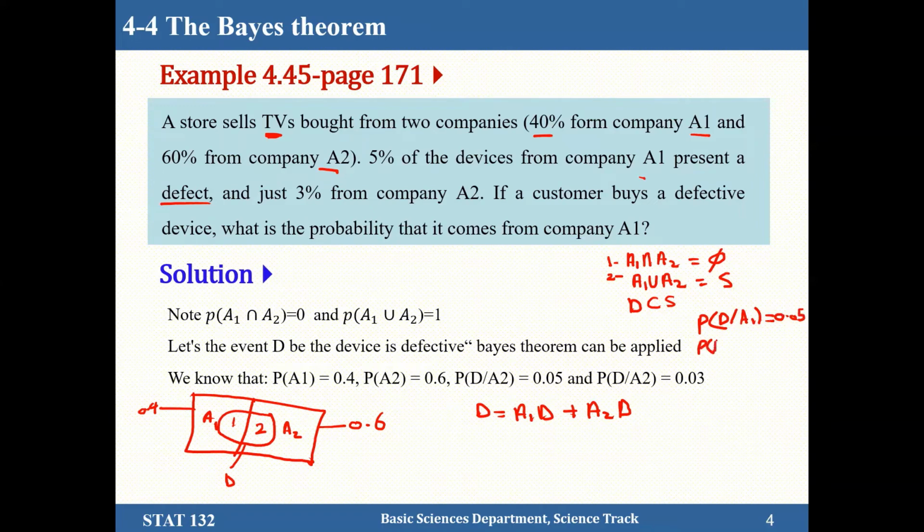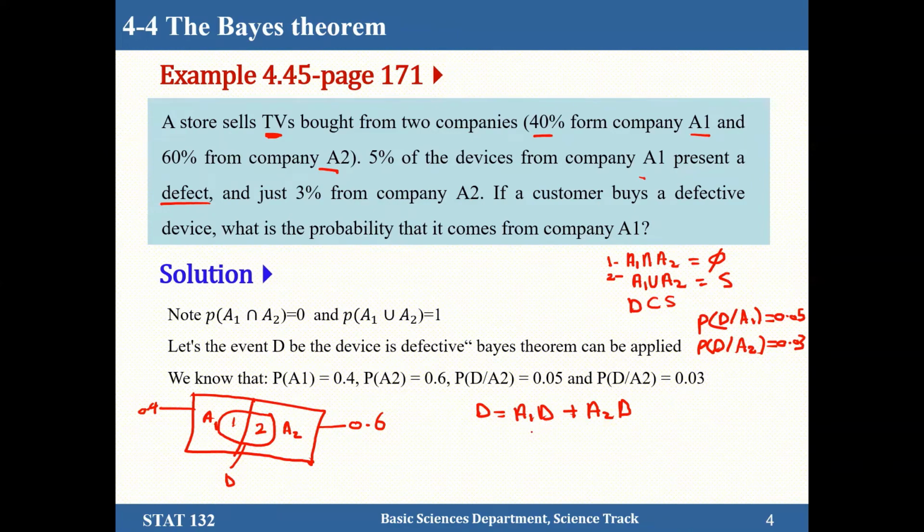Defective from A2, I know A2 defective equals 0.03. Okay, so D equals A1D plus A2D.